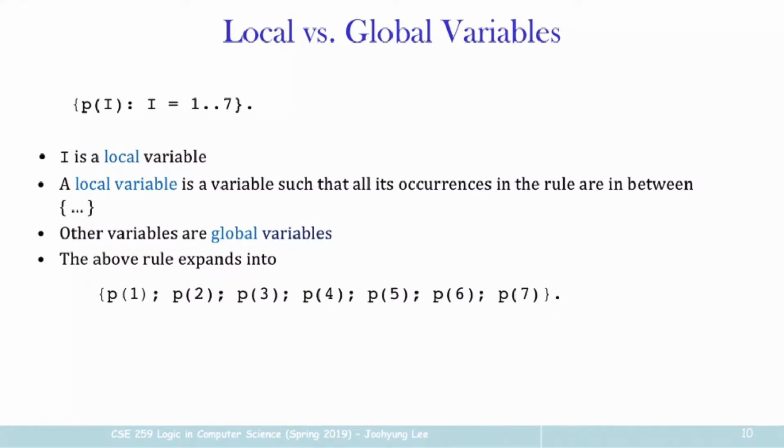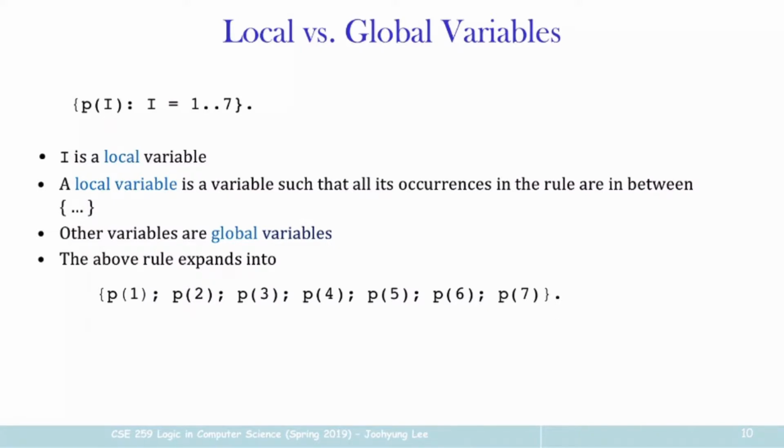And this is the first time that you see a so-called local variable. The definition of a local variable goes like this. It's a variable I, and you remember the capital letters stand for variables. Local variables are the ones that have all their occurrences confined within the set braces. Here we have I as the only variable in this rule, and this I occurs only inside the set braces. Then it is called local.